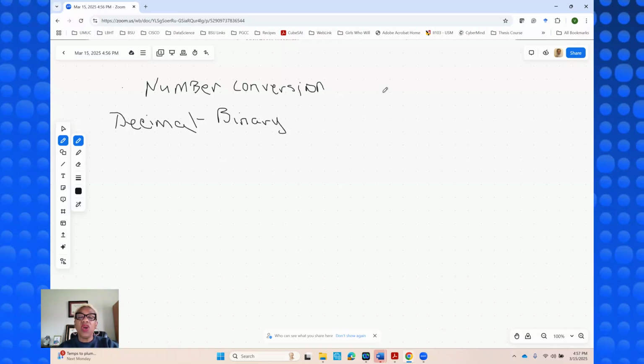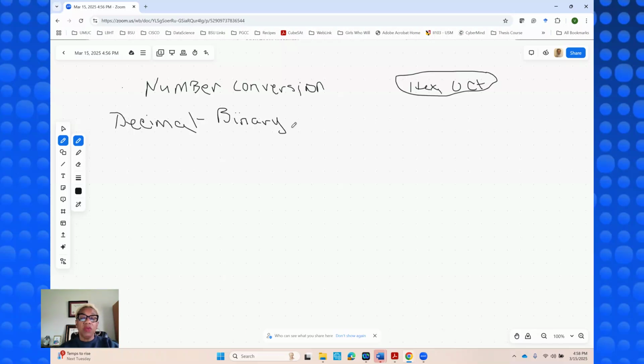The other 2 we'll talk about later are hexadecimal and octal, but we'll come back to that in another session. So today is strictly decimal and binary, and to understand why those are so important.